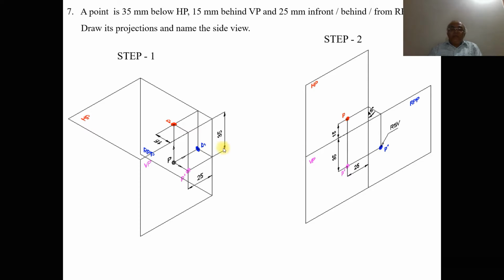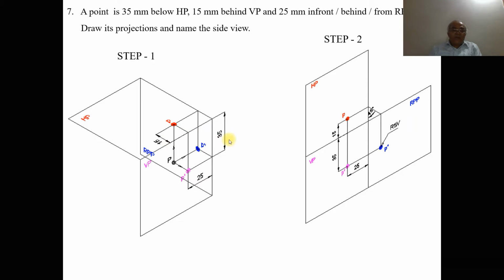Then for the 15 mm behind VP, you measure the distance from here to this. The distance behind VP, when rotated, becomes vertical, and this distance is 15 mm. Since the image is on the horizontal plane, you get this p, and the distance behind RPP is also seen.